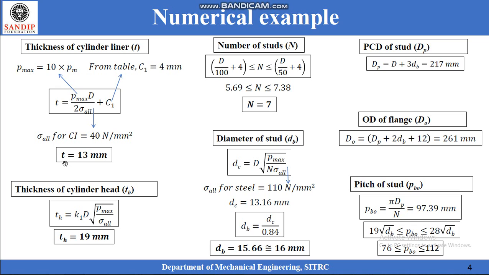By putting all these values, the thickness of the cylinder comes out to be 13 mm. Thickness of the cylinder head is calculated from this formula, and the value comes out to be tH equal to 19 mm. All the values we have already calculated, and K1 is considered as 0.35.